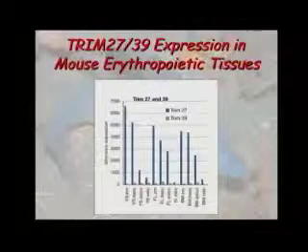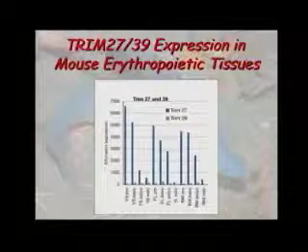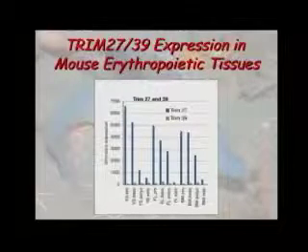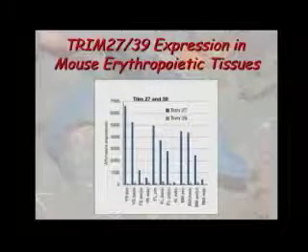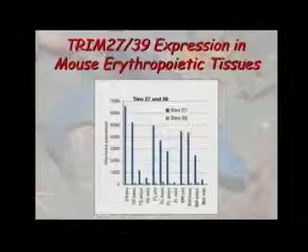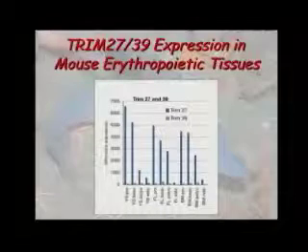And finally, we have been able to show that trim 27, shown by the blue bars, is expressed in various blood-forming tissues of the mouse embryo and adult, including the yolk sac, the fetal liver, and the bone marrow.